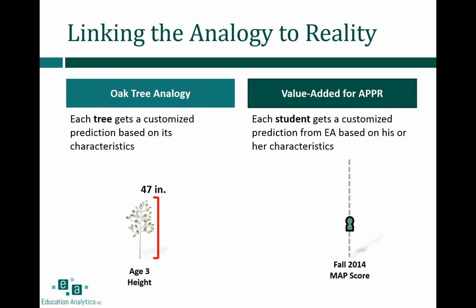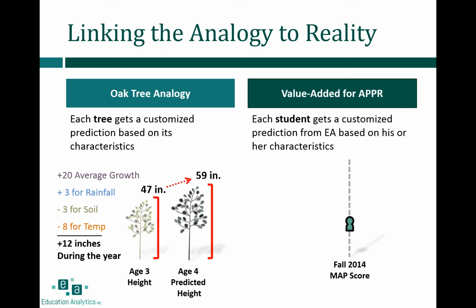Then in the analogy, what do we do? Each tree got a customized prediction based on its characteristics. That included the starting height of the tree, rainfall, soil richness, and temperature. That resulted in a customized prediction for each oak tree. In the education context, each student gets a customized prediction from Education Analytics based on his or her characteristics.